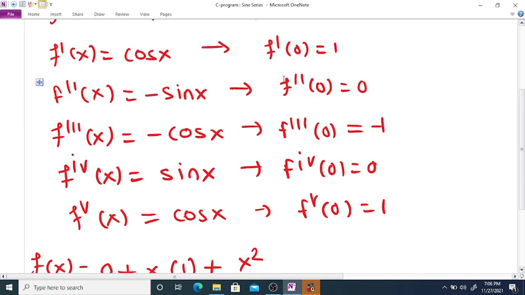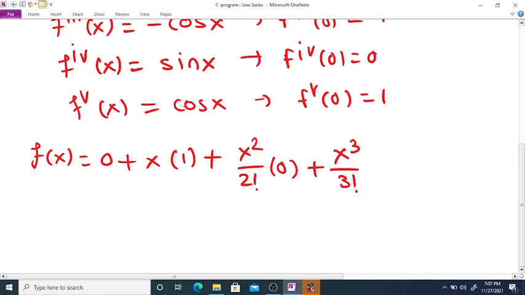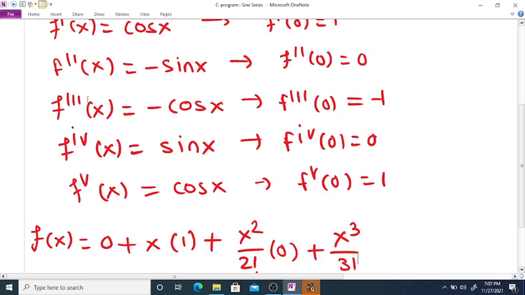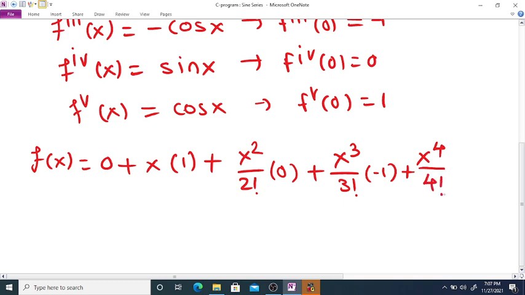You can see here f double dash 0 is equal to 0 again, then plus x cube by 3 factorial f third derivative of f of x at 0, which is minus 1, plus x4 by 4 factorial, and again the fourth derivative at 0, which is 0, plus x raised to 5 divided by 5 factorial, and the fifth derivative at 0, which is 1, and so on.